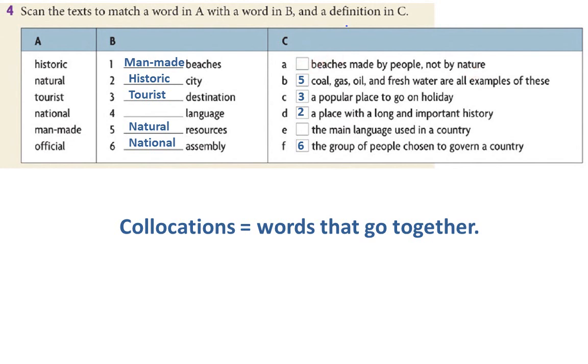So A matches with 1. One word remains, which is official language. Official language is the main language used in a country. So these are 6 examples of collocations, which are words that go together.